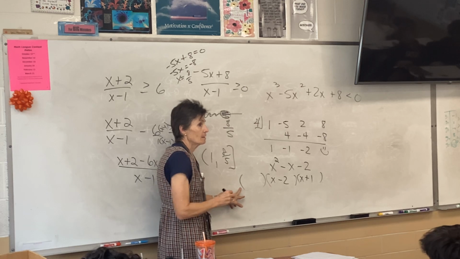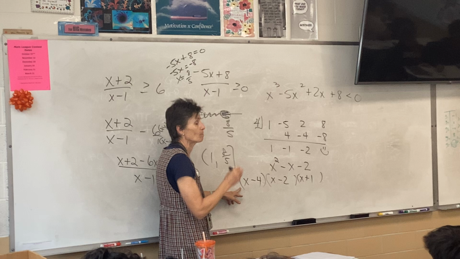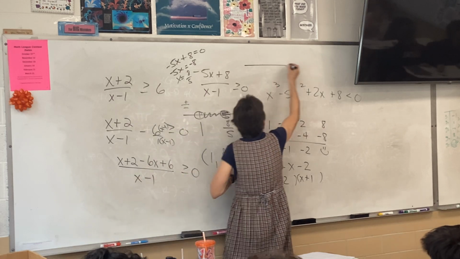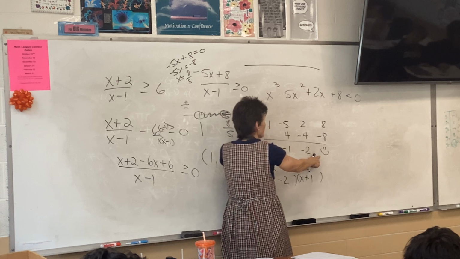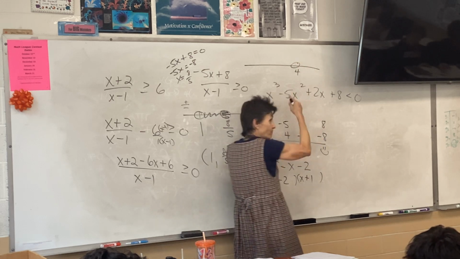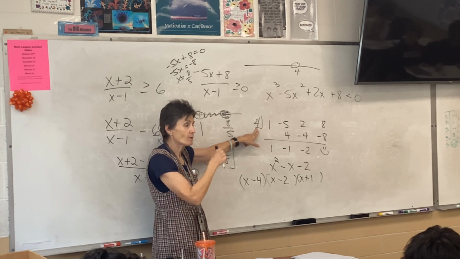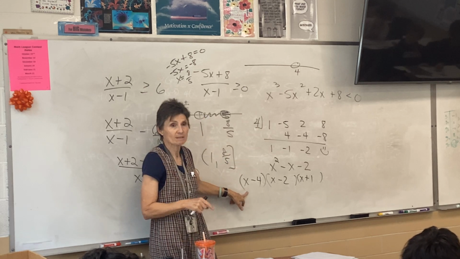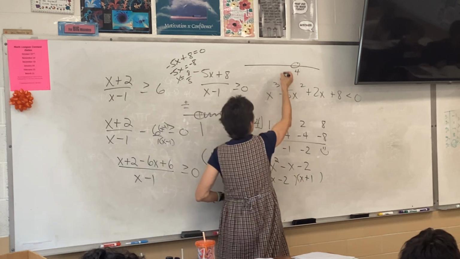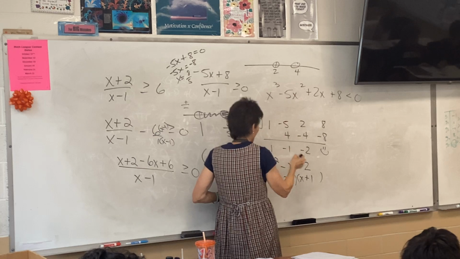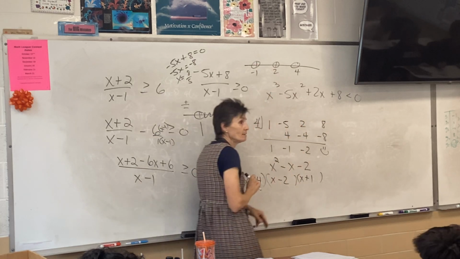It's X minus 4, because the minute we got 4 as a 0, that means it's on my number line. And if 4 is on the number line, then the factor is X minus 4. Would you agree with that? And then the other 2 dots are at 2 and negative 1, and they're all open.